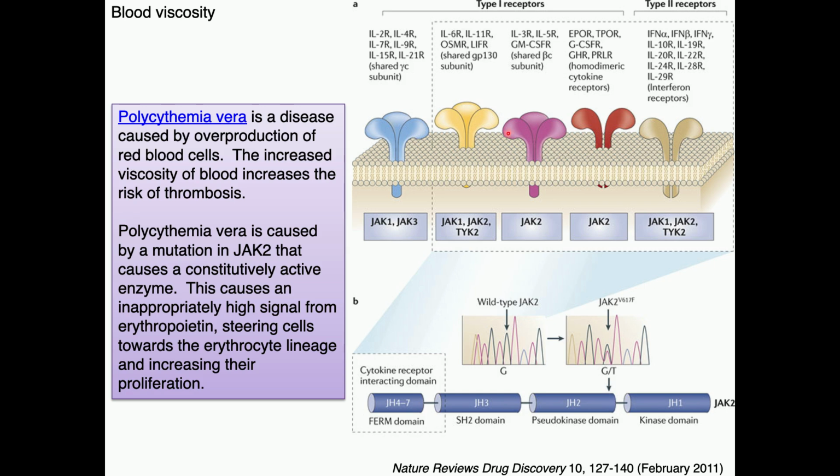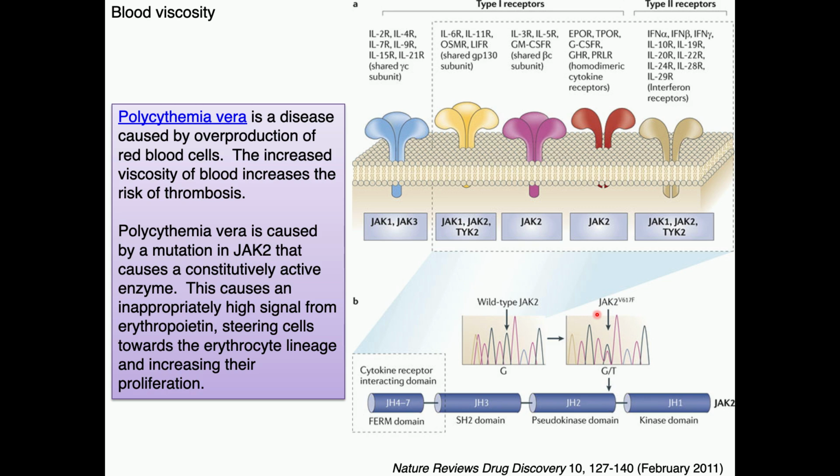This is showing different combinations of the JAK receptors that can be bound by ligands for different cytokines and what have you. The erythropoietin receptor is this dimer that's linked to JAK2, and there are gain-of-function mutations that cause an essentially constitutively active JAK2 in erythroid precursor cells, and that results in elevated red blood cell production and increased blood viscosity.